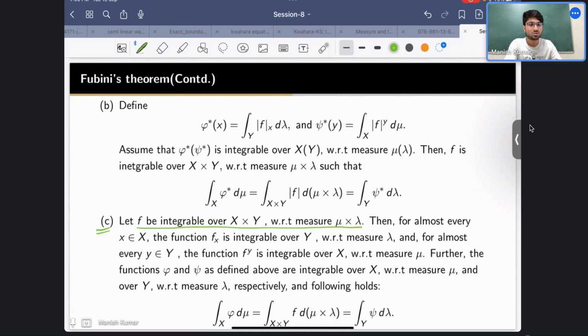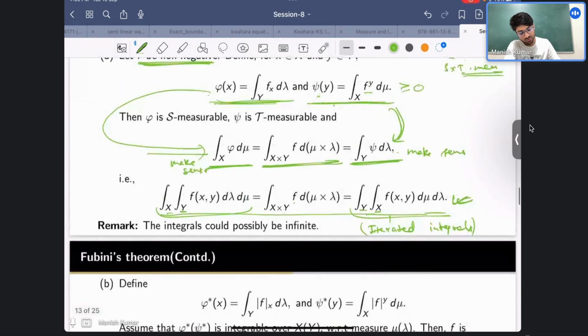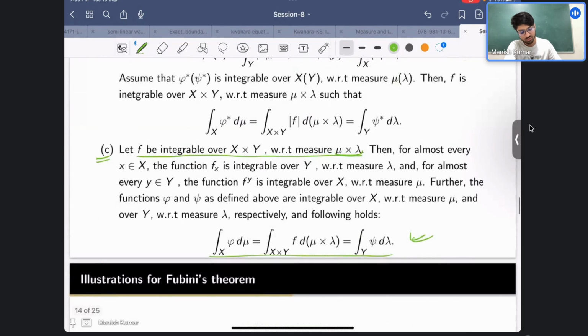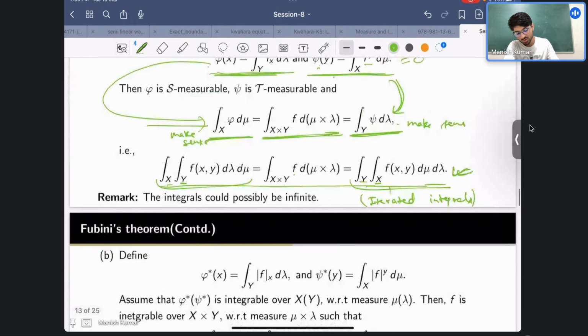If you have any integrable function with respect to the product measure mu cross lambda, you can again do this type of thing. So what is true for non-negative functions is also true for any integrable function. Then the question is how to check integrability. For checking integrability, you will have to use part a.